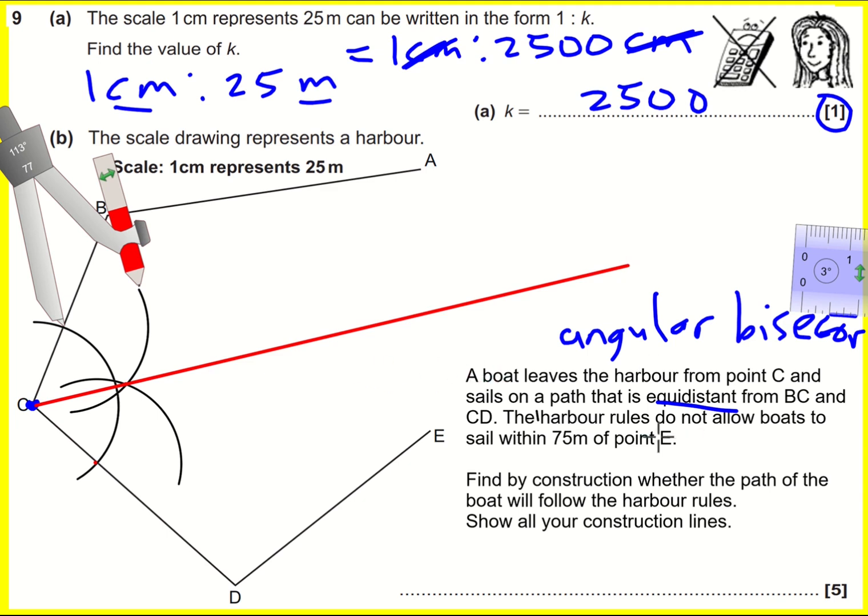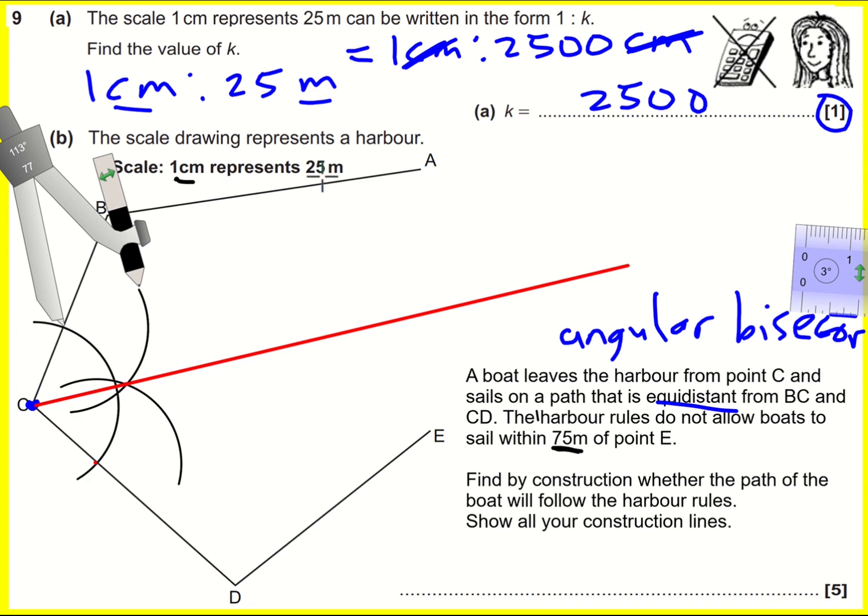Okay, so we've got the path. Does it follow the harbour rules? For this, we need to investigate the second part. Harbour rules do not allow boats to sail within 75 meters of point E. For that, we need to think about what 75 meters will represent.